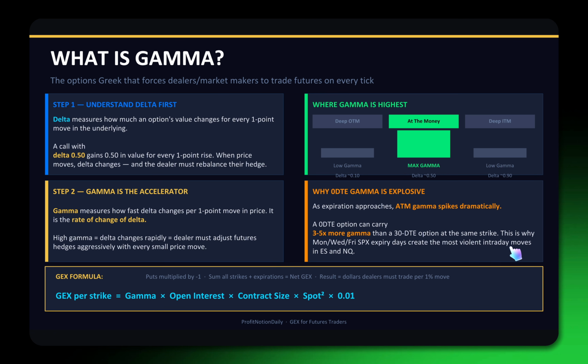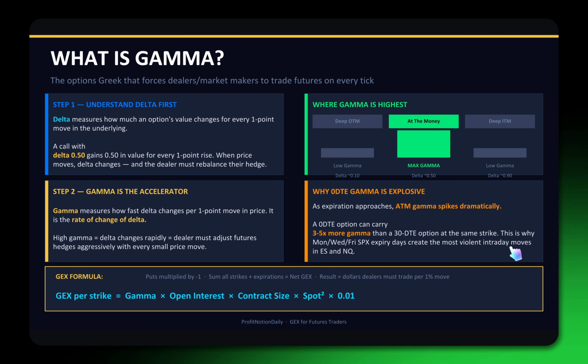Delta measures how much an option's value changes for every 1 point move in the underlying asset. If you buy SPX call options with a delta of 0.5 and SPX moves up 1 point, that option will gain 0.5 in value.